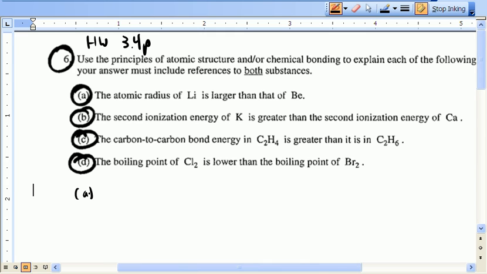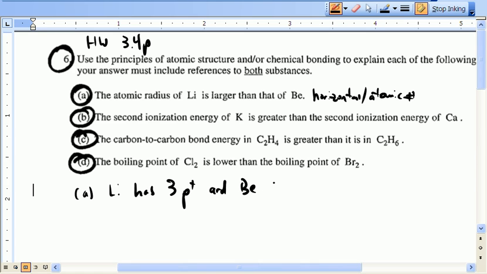Okay, so are we talking about a horizontal or a vertical situation? We're talking about horizontal. So if we're talking about horizontal, we have to talk about atomic number. So what we're going to say is Li has 3 protons and Be has 4 protons.